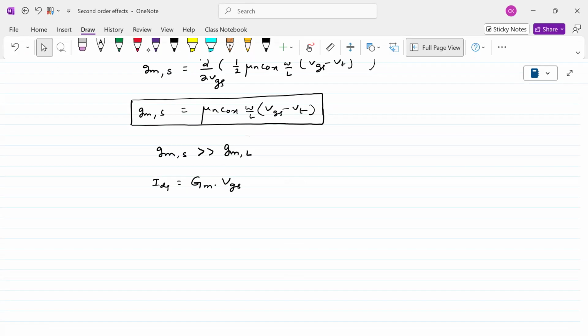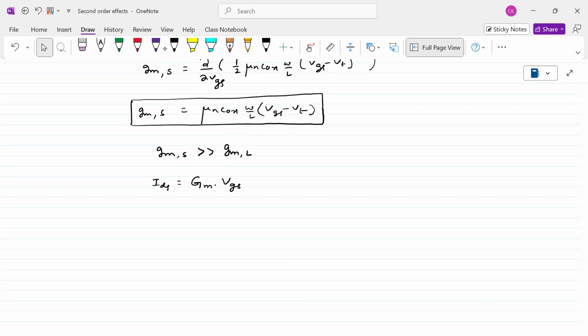So how much current are you getting? That means gm times VGS. You apply some VGS, and there is some gain, gm, available for the transistor. If you want to know how much IDS is changing, multiply the gm with the change in VGS.